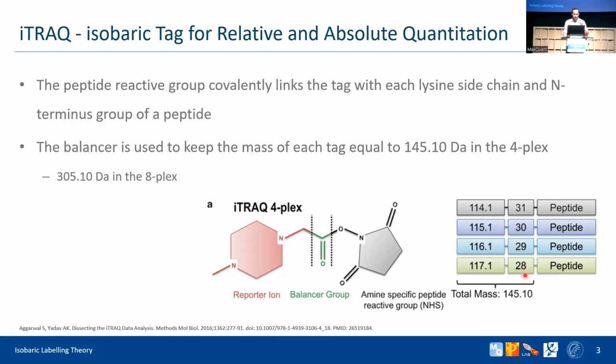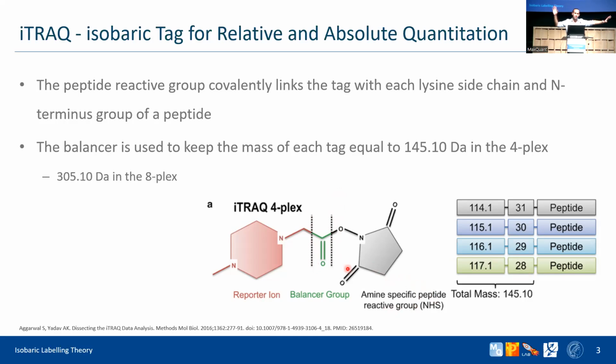Now, what happens is we do our MS1 scan, we choose the ions that we want to fragment, and we fragment them. What happens in an iTRAQ label is that we have two places where the fragmentation happens. The reporter ion is separated from your peptide, and the balancer group is lost as a neutral loss.